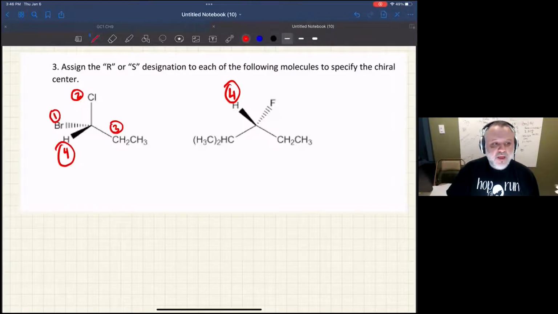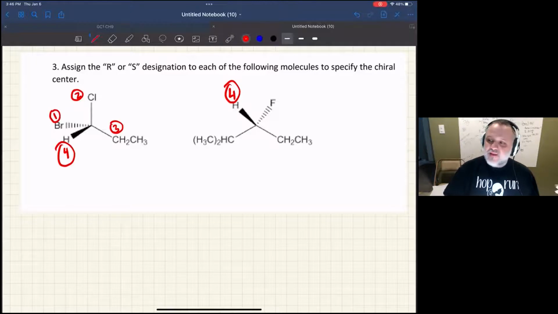One way to redraw a molecule without changing its chirality is to swap the position of two groups twice. If you swap the position of two groups just one time, for instance, if I were to swap the bromine with the hydrogen, I'd actually be drawing the enantiomer. But if I do that again, then I drew the enantiomer of the enantiomer, and the enantiomer of the enantiomer is the original molecule. But I think there's an easier way to do that.